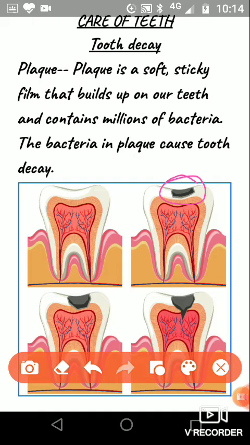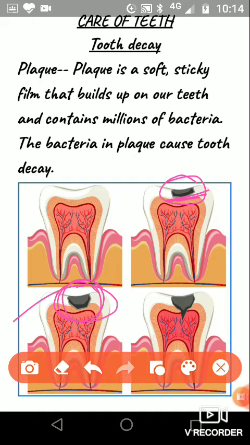But if we still ignore that, then what happens? The decay starts in the enamel. As you can see in the picture, if you are not taking care of it, it will become advanced decay. Here you can see a small part, and here you can see that the part increases.